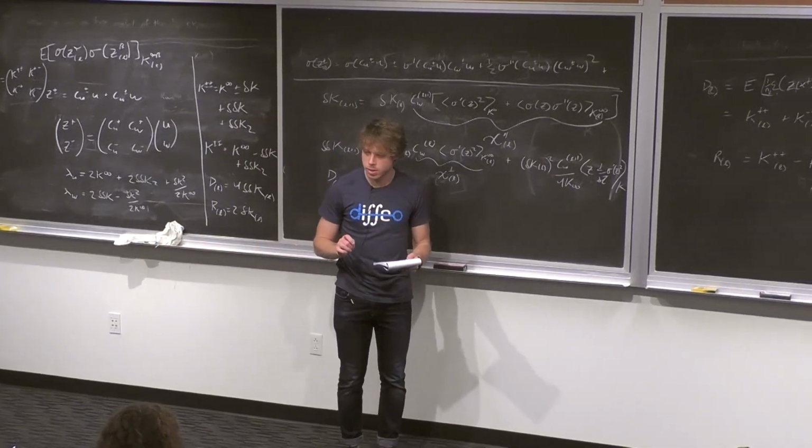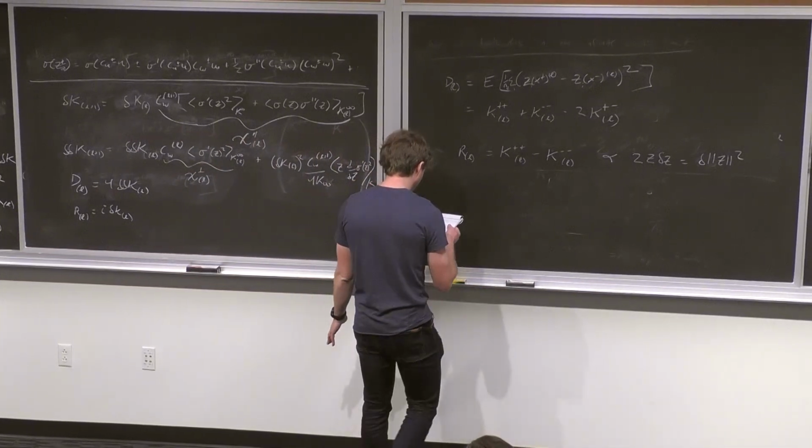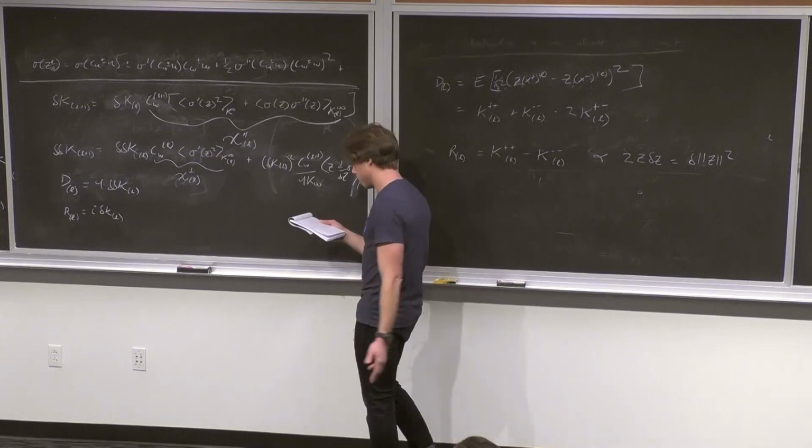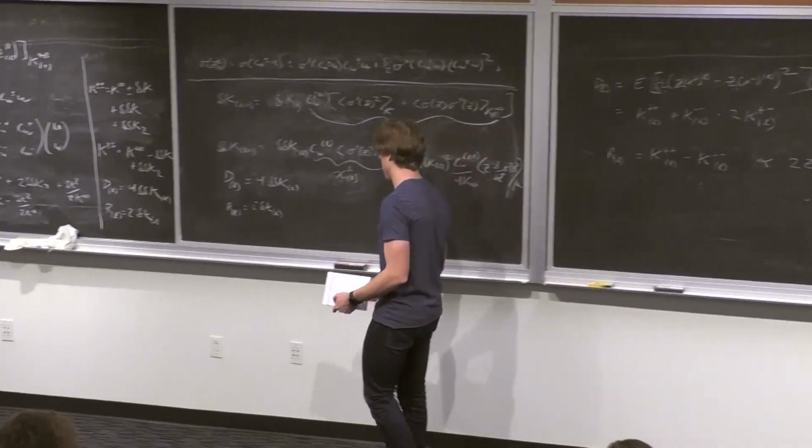Let me address that in the analysis, which I'm going to do right now. So this is maybe too much algebra, but now we can start to answer the question of what happens to nearby inputs.